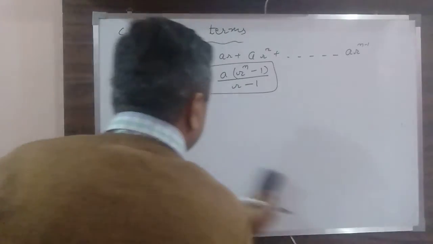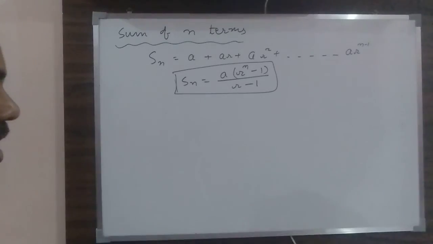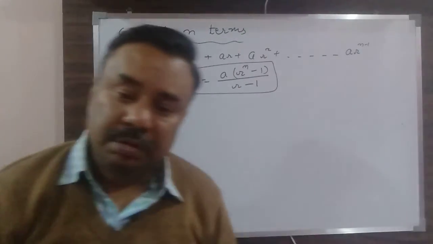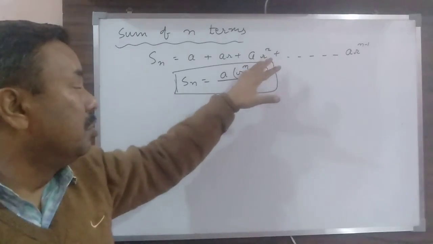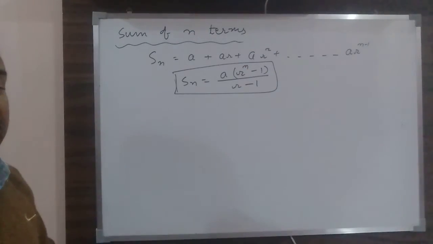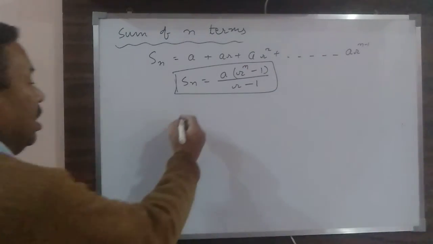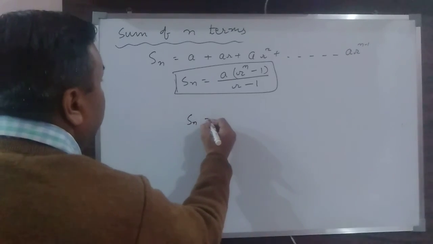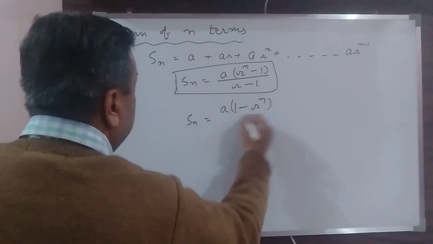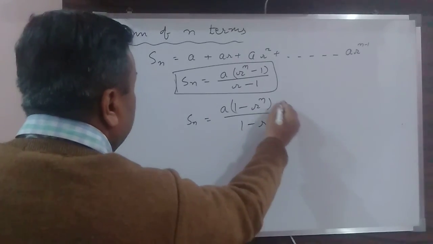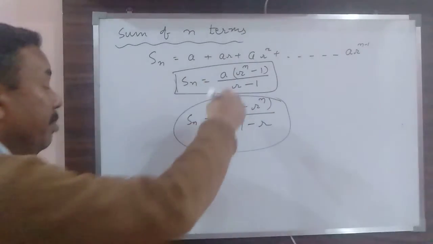In some books there are two formulas given. If r is greater than 1, then they use this one, and if r is less than 1, in that case they give the formula as a(1 minus r^n) divided by 1 minus r. But just see, is it making any difference?